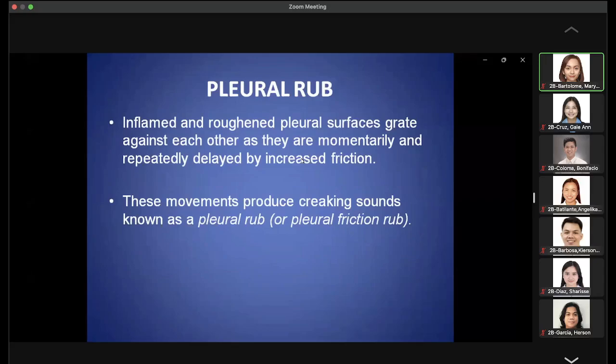Right? So pleural rub happens when the inflamed and roughened pleural surfaces grate against each other as they are momentarily and repeatedly delayed by increased friction. These movements produce creaking sounds known as a pleural rub or pleural friction rub.